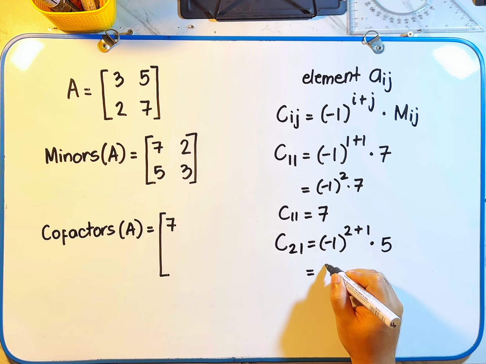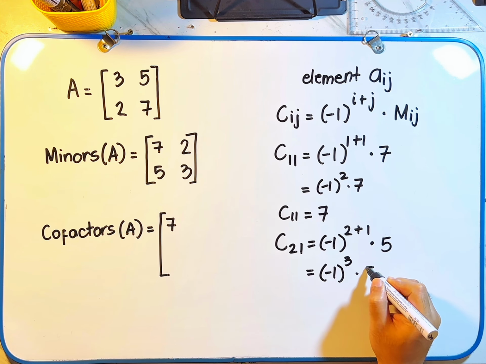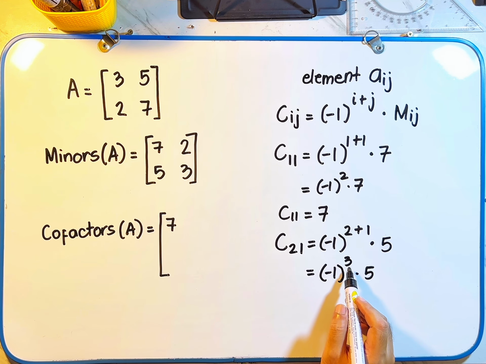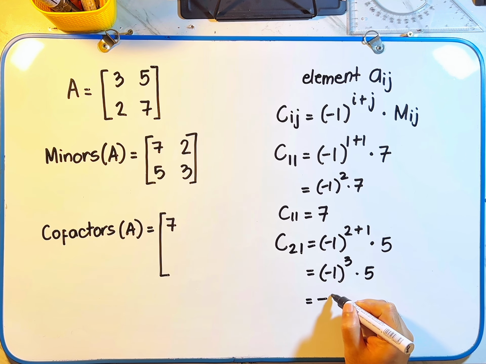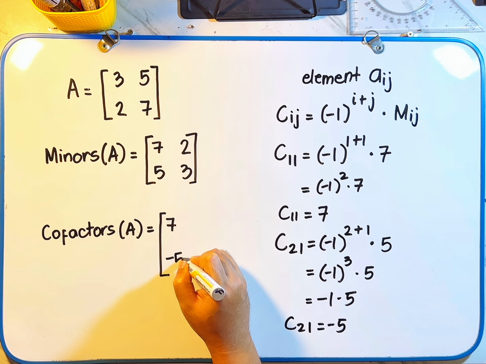Let's proceed. We have negative 1 raised to 2 plus 1, that's 3 times 5. And negative 1 raised to 3, we have a negative base raised to an odd power. So that stays negative 1 times 5. Therefore, C21 is equal to negative 5. Therefore, we have negative 5 right here.